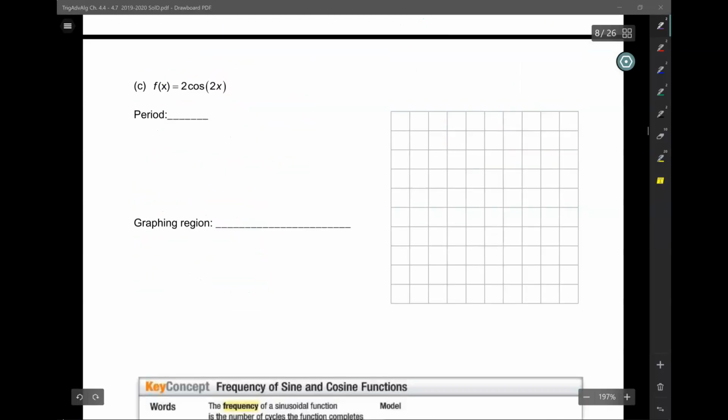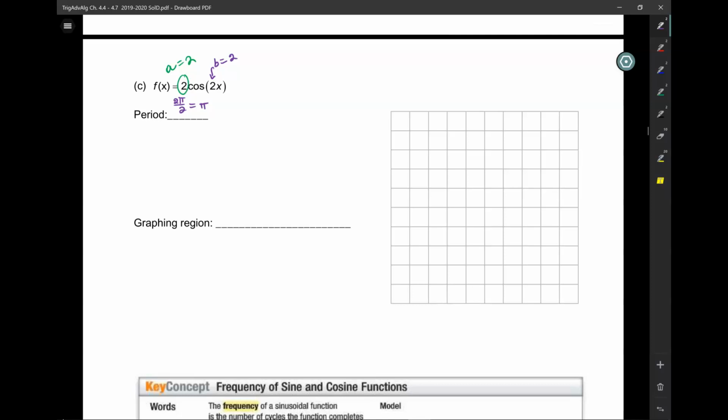So this next one, not only do we have a modified period, but look at what the amplitude is here. The amplitude is 2, right? So we're going to go up 2 for this one. But let's leave that aside for a minute. That's your B value. So the period is 2 pi over 2, which is pi.